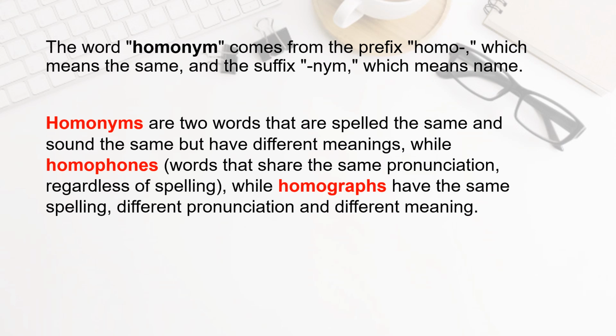So homophones can be defined as words that share the same pronunciation regardless of spelling, while homographs have the same spelling but different pronunciation and different meaning. We will emphasize and expound on this later so you can see from a different perspective how you can easily differentiate the three from each other.